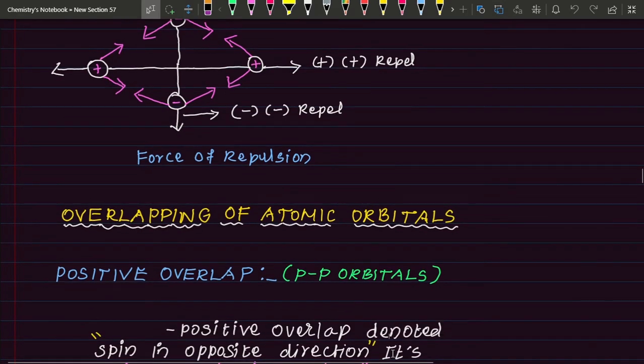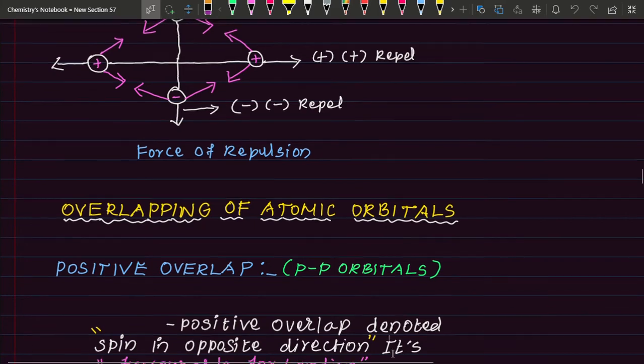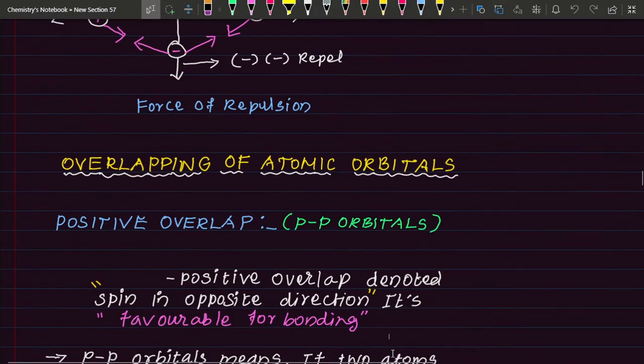Overlapping of atomic orbitals. It is of 2 types, positive overlap and negative overlap. First we see positive overlap.